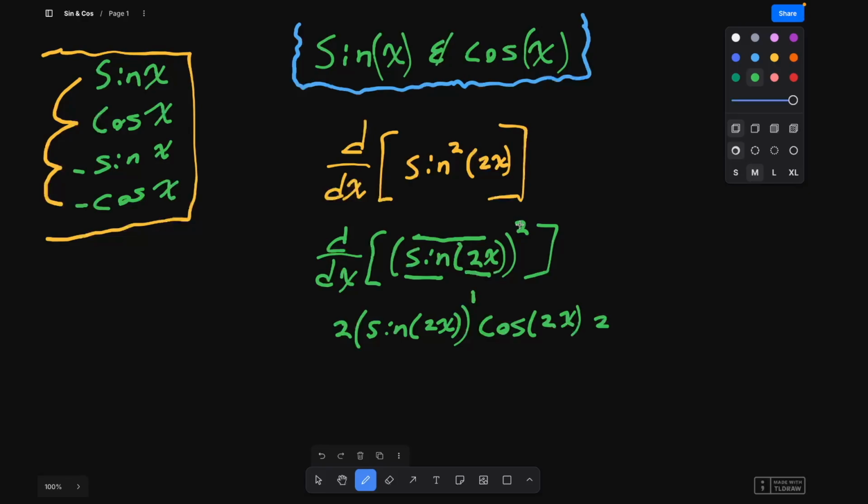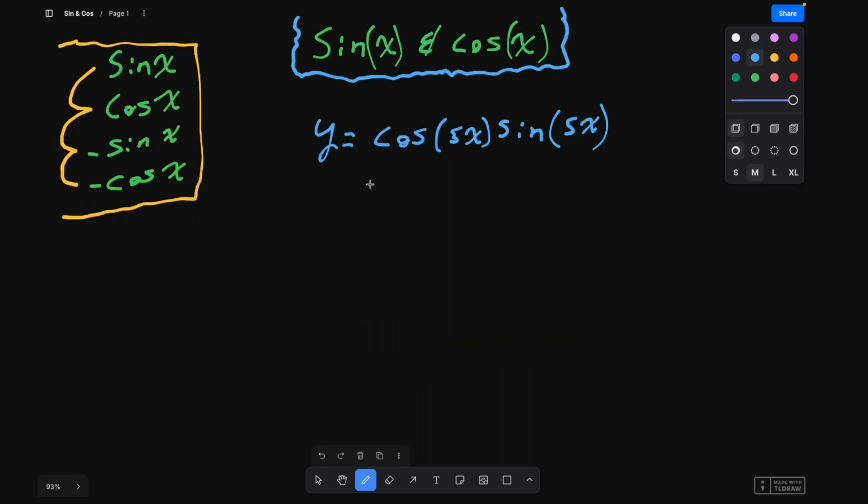We had the sine 2x squared, so we took the derivative of that by following a power rule, and then we took the derivative of sine 2x, which is cosine 2x, and then the derivative of 2x, which is 2. And if we simplify this, we get 4 sine 2x cosine 2x.